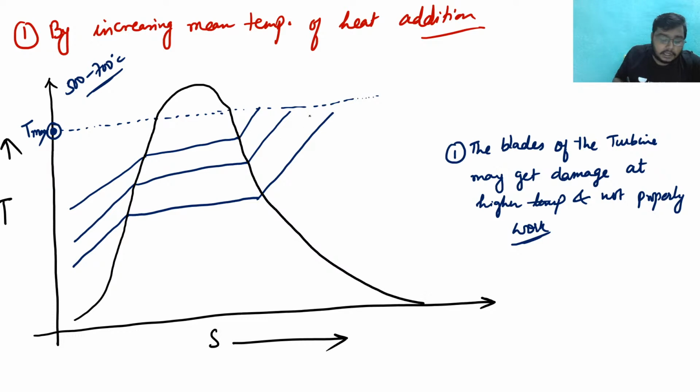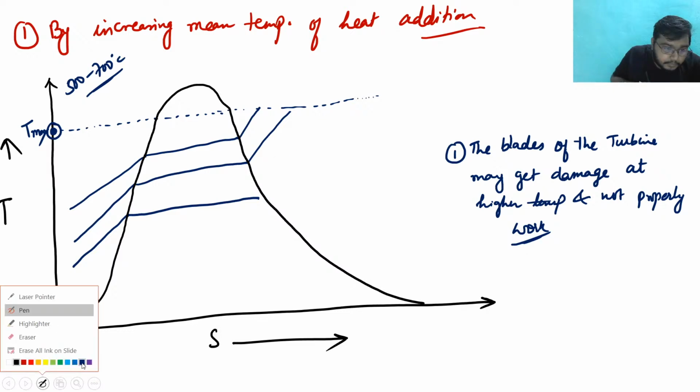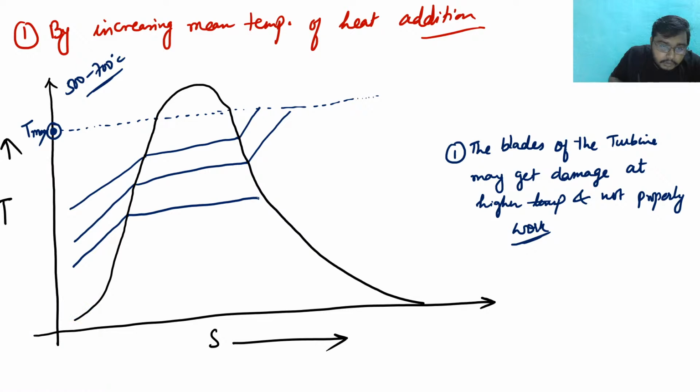Now see, this is my maximum temperature, so what I have understood is that my maximum temperature is fixed, so this line is fixed.